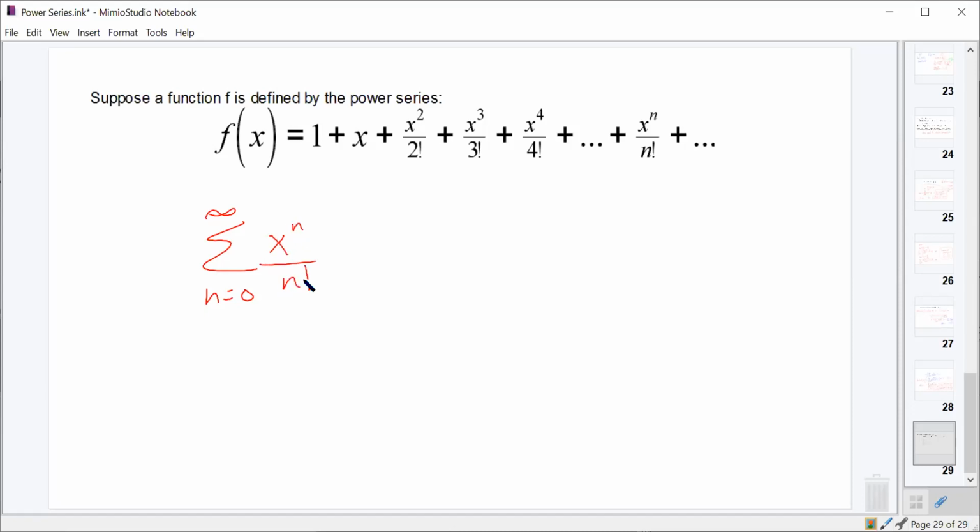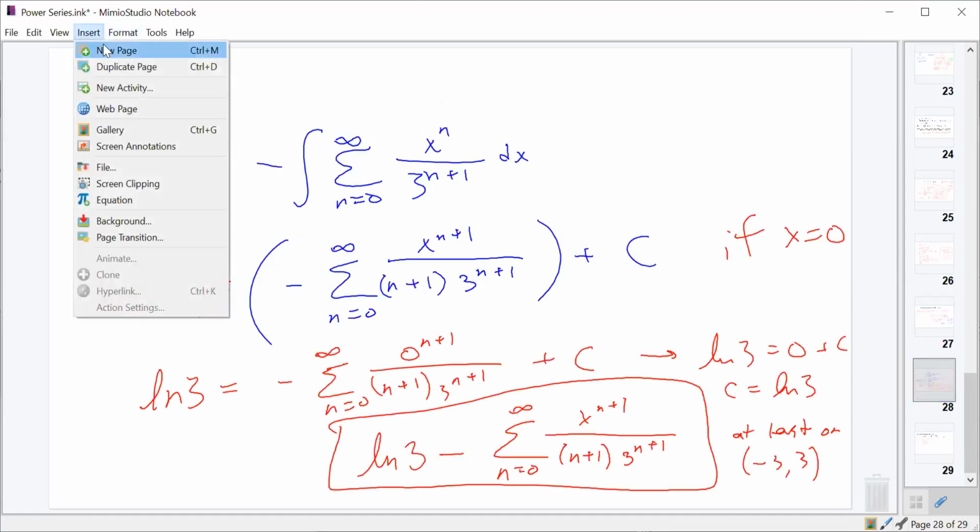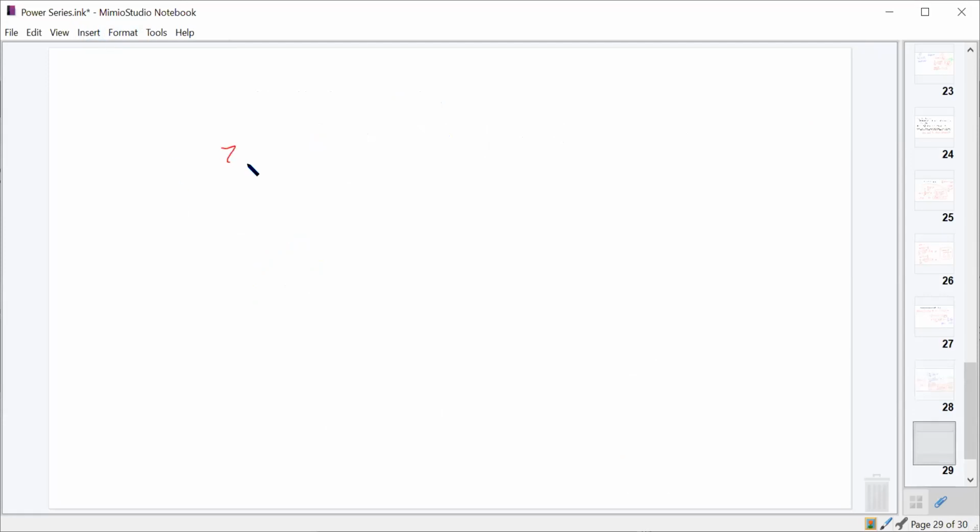We're all familiar with what factorial is, right? What the exclamation point means. Factorial just means, if I said 3 factorial, that just means 3 times 2 times 1.